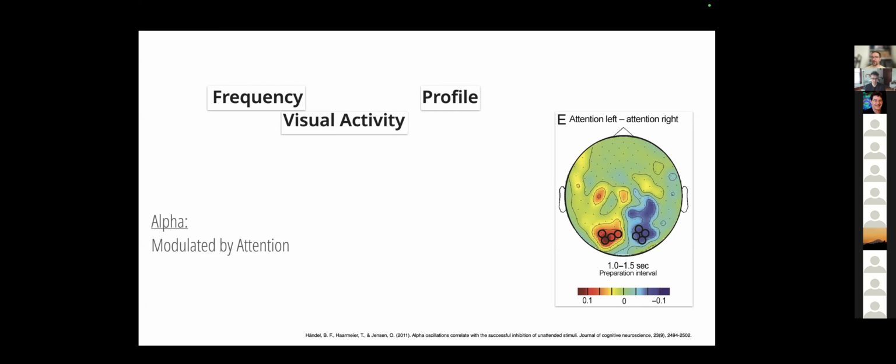The standard interpretation was that alpha band activity helps to suppress unwanted information or unwanted receptive fields, so that in those receptive fields you are actually paying attention to, alpha band power basically goes down.